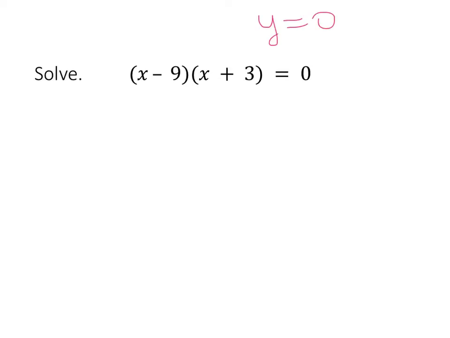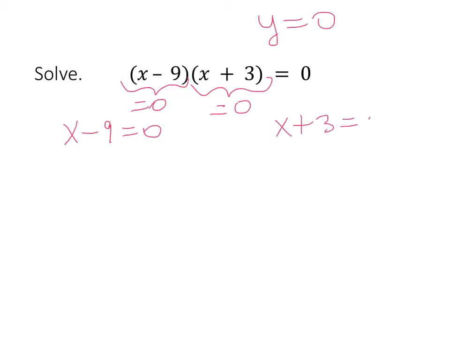So all you want to do is take each bracket and set it equal to 0. Okay, so let's do the first one here. x minus 9 equals 0, and then you have x plus 3 equals 0. So now we've taken both brackets and set them equal to 0.